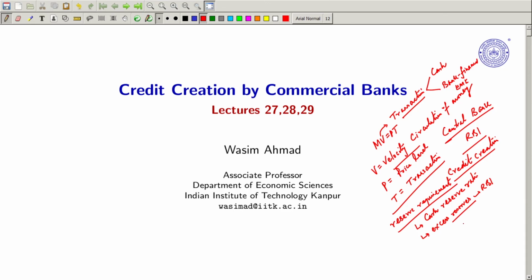So one option with the commercial bank with these excess reserves is that they can either lend this money or lend to the central bank at the reverse repo rate, or SDF. So these are the channels.